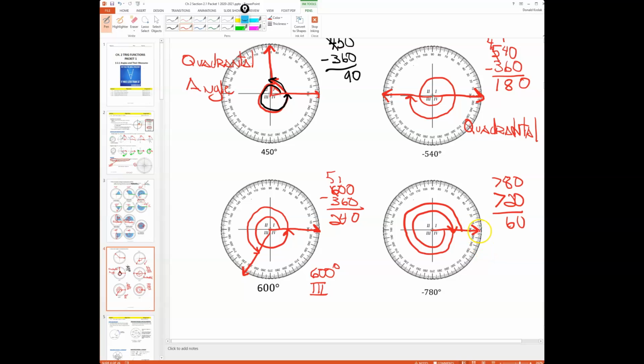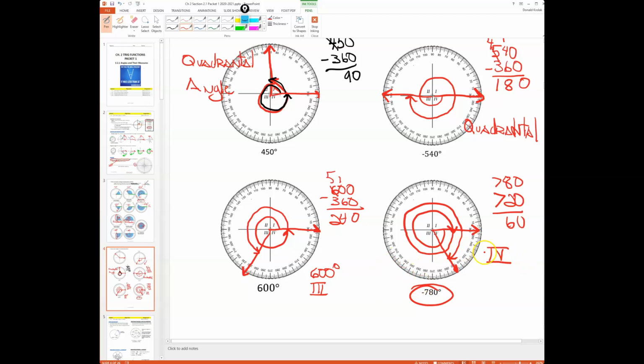So that's 360. So 60 down here is going to put me at 300. And that's where my terminal side is. So this angle terminates in quadrant 4, and that's a negative 780 degree angle.